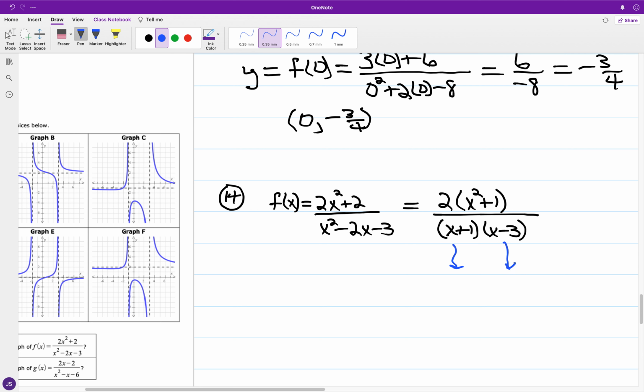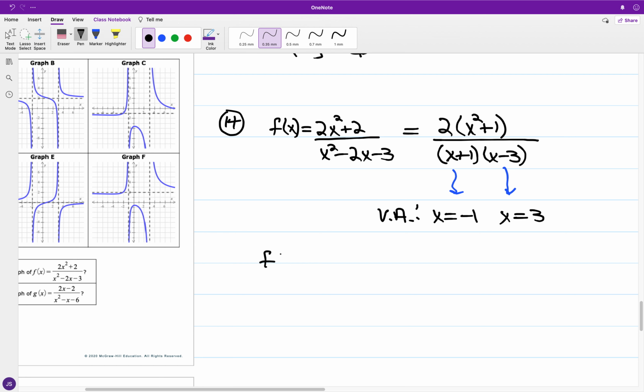So x plus 1 and x minus 3 will remain. And the zeros from the denominator factors are going to turn into the vertical asymptotes. So for x plus 1, we're going to have the vertical asymptote x is equal to -1. And for x minus 3, again, we're going to have x equal to 3.